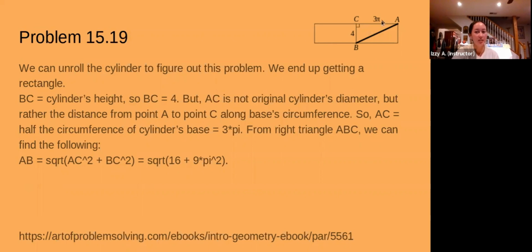So AC is equal to half the circumference of the cylinder's base, which is 3 pi. Then from right triangle ABC, AB is equal to the square root of AC squared plus BC squared, which is the square root of 16 plus 9 pi squared. So that's going to be our final answer.